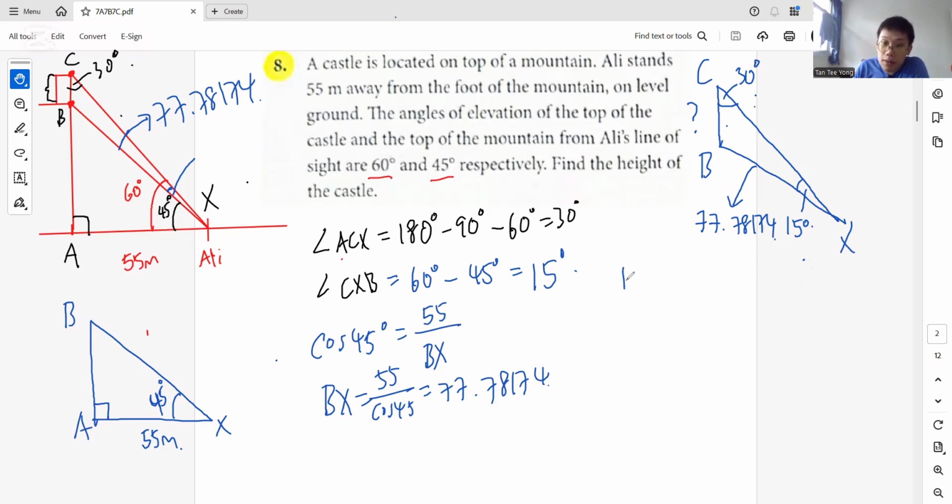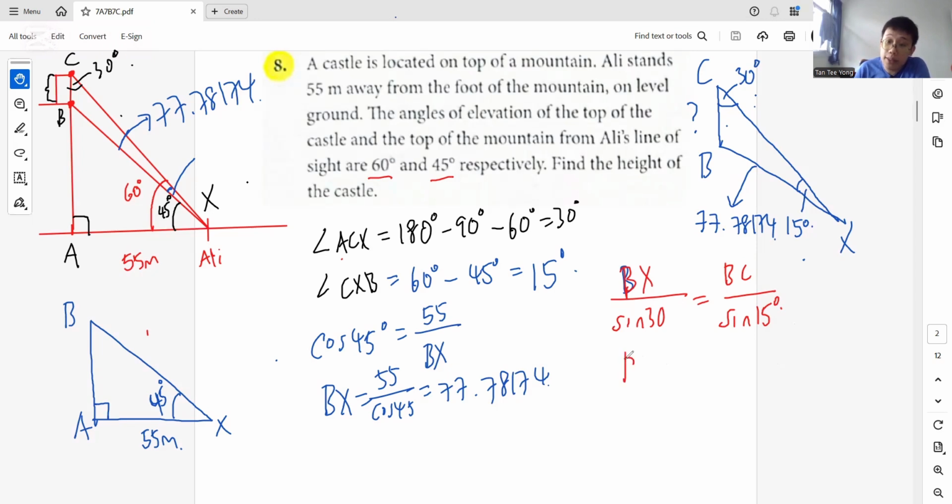So, okay, let me change another color. So BX over sine 30 equals BC over sine 15.